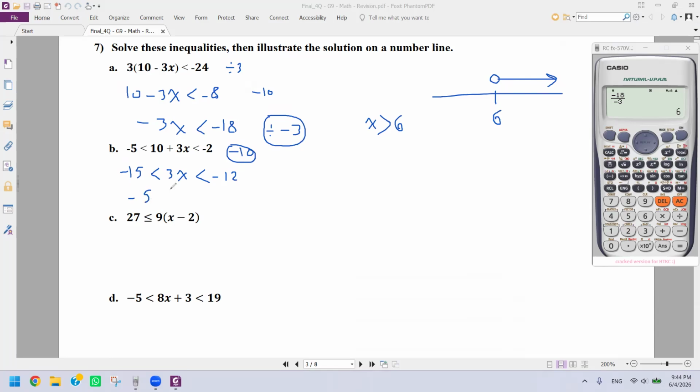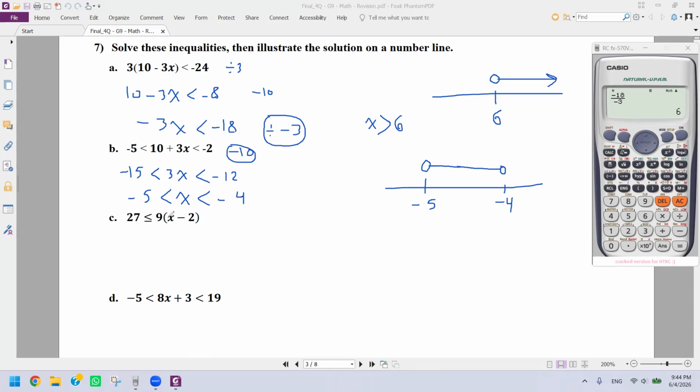Minus 5, x, minus 4. So where's x? x is between minus 5 and minus 4. Number line. Minus 5. Minus 4. Here it says x greater than minus 5. I should go to the right. x less than minus 4. I should go to the left. So they are connected.